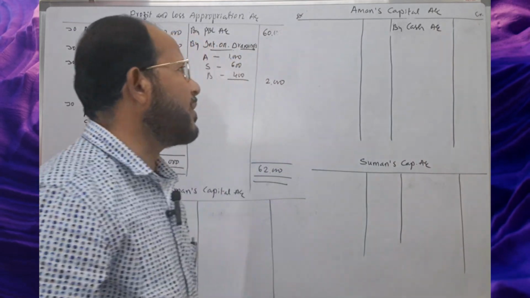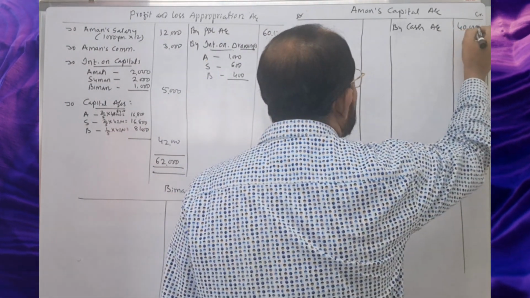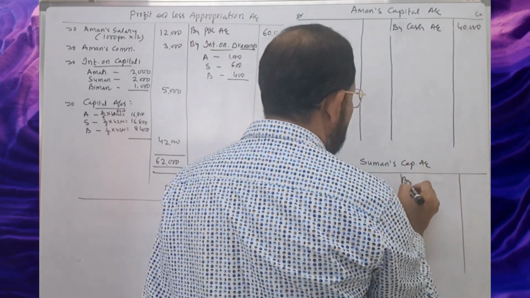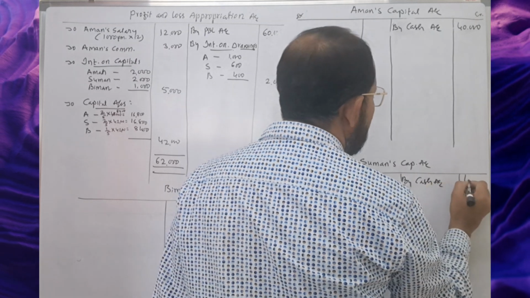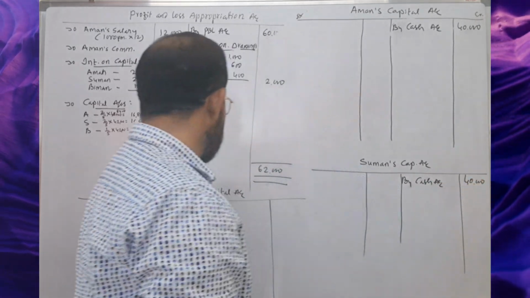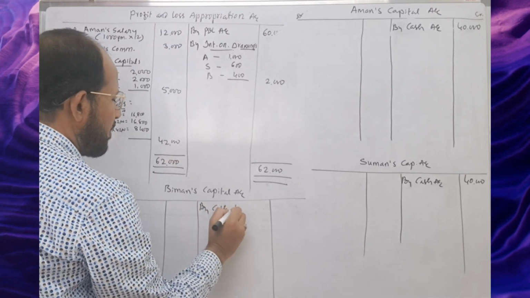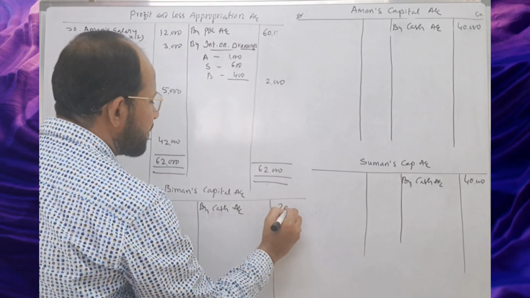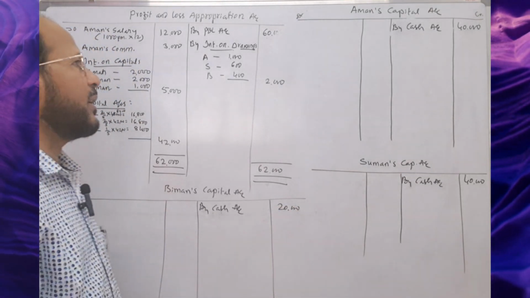Assume they have brought cash into the business. Therefore, by cash account 40,000. In case of Suman also the investment is the same, by cash account rupees 40,000. And Biman has invested rupees 20,000. This is with regard to their investment.